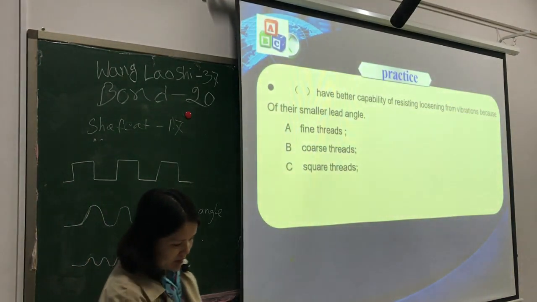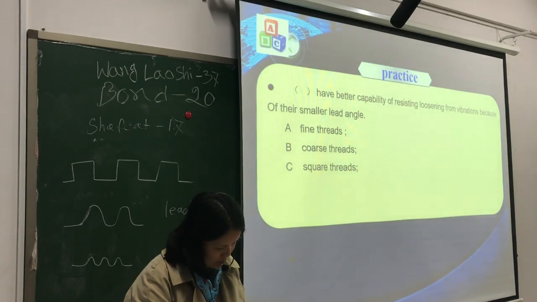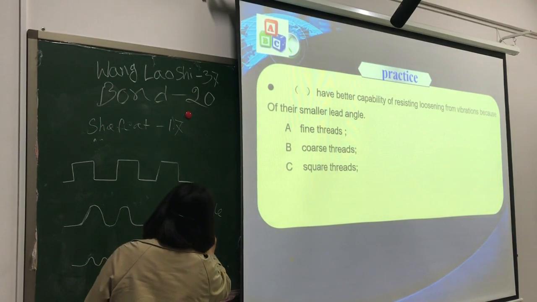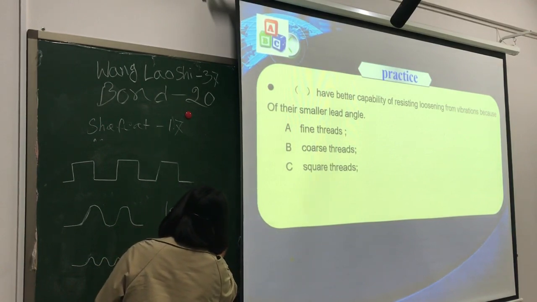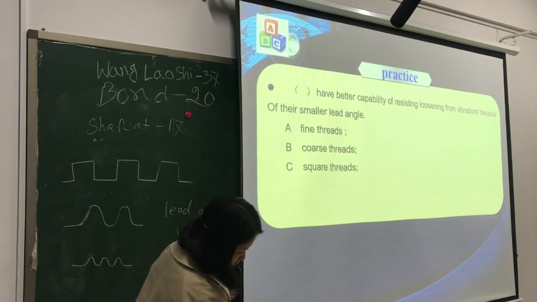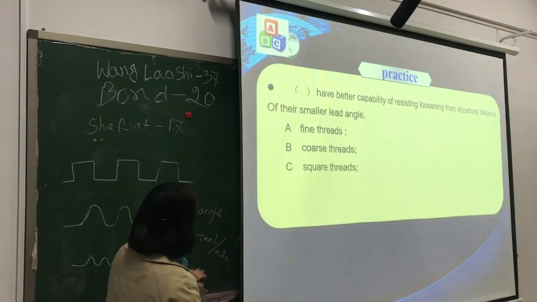And we can calculate the angle: tan ψ = L over πd2, like this.